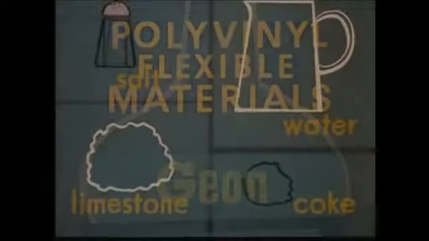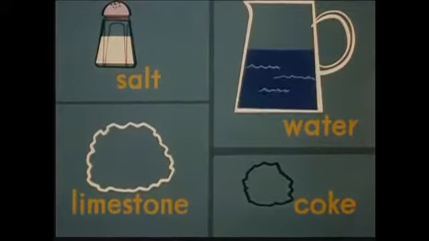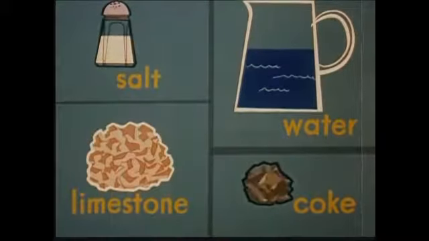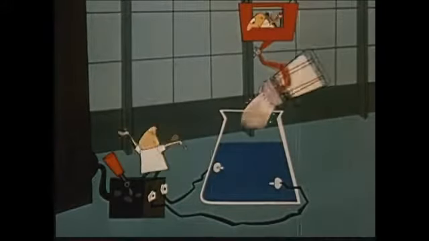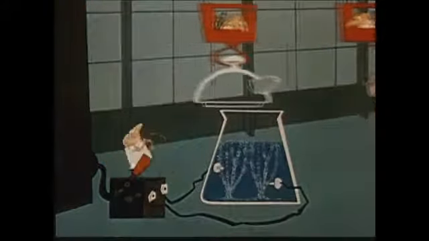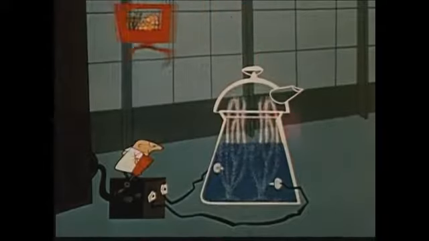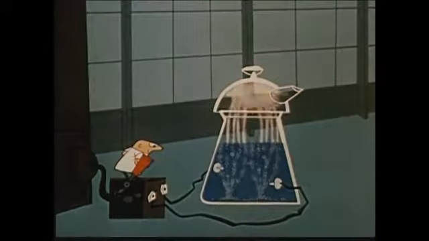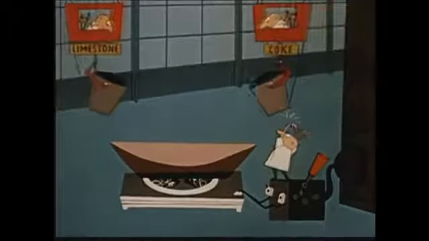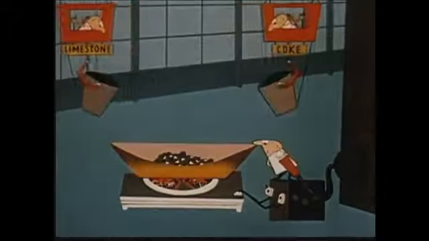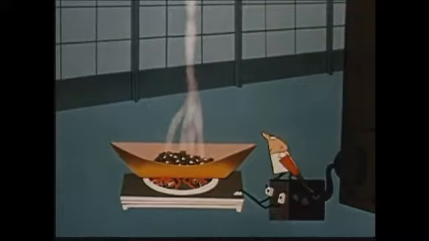Polyvinyl materials come from very simple beginnings: salt, water, limestone, and coke. In the manufacturing process, salt and water plus electricity produce hydrogen and chlorine gases, which combine to form hydrogen chloride. Coke and limestone are combined to form acetylene.